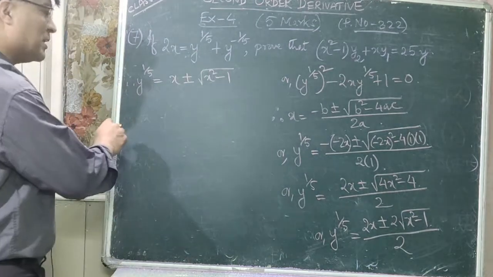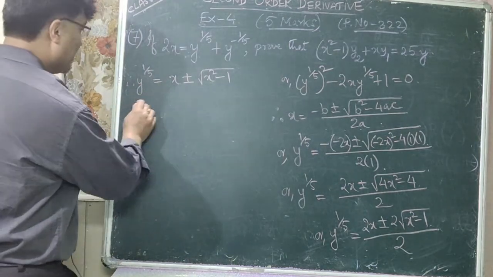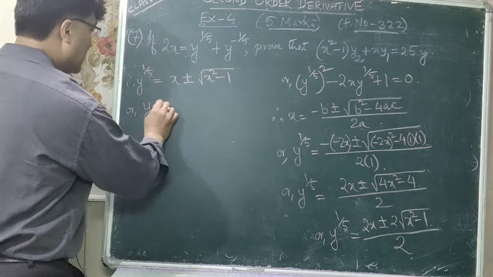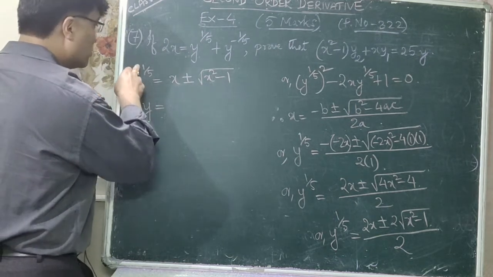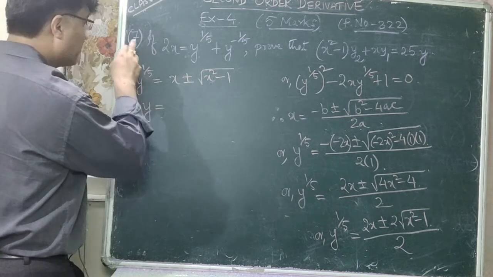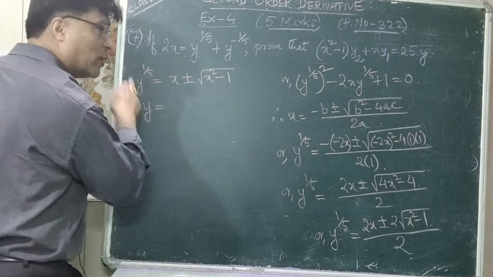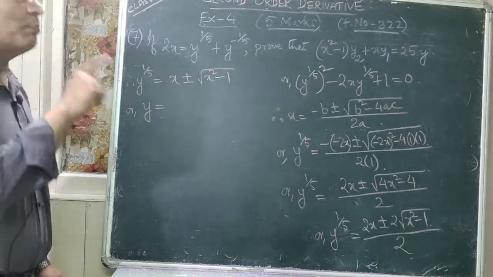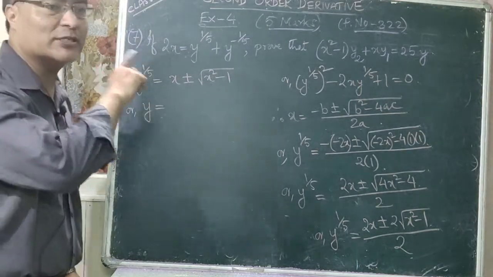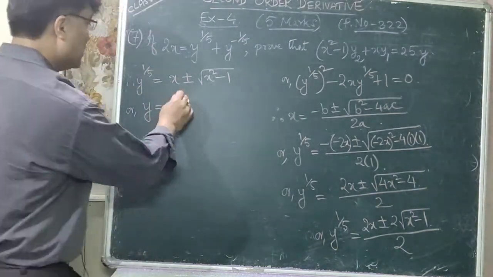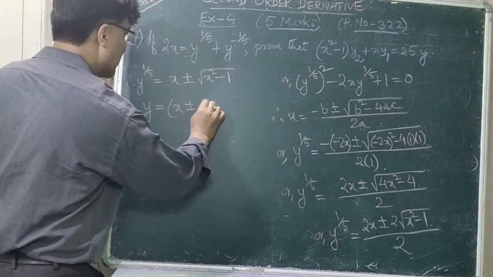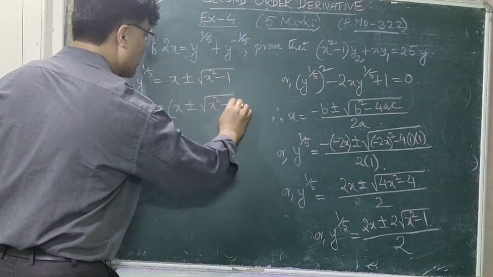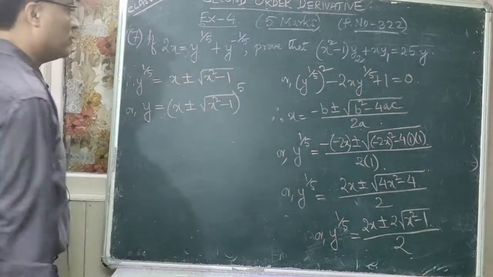Okay, now let us get the value for y. So what is the value for y in this case? If y to the power 1 by 5 is there, what is the value for y? It is just like cross multiplication, but you have to do the cross multiplication in the power, right? So it becomes x plus minus root over x square minus 1 whole to the power 5.